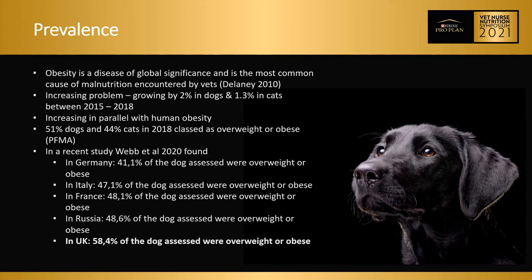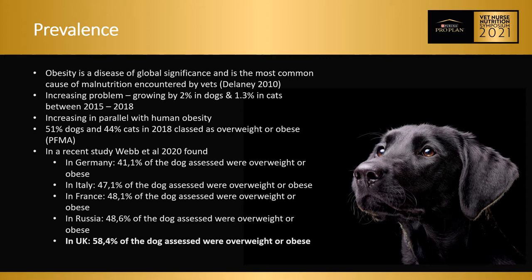In a very recent study published in 2020, looking across several different countries at dogs being assessed as overweight or obese, you can see the percentage does vary, but most shockingly, and I think we really need to look at this because it is a very recent figure, in the UK we're looking at 58.4% of dogs assessed being classed as overweight or obese.